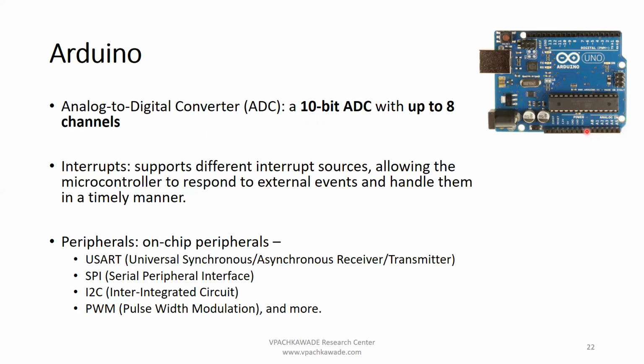We have A0, A1 up to A5, 6 pins that can be used to receive an analog signal, let's say a sine wave or continuous signal coming from a sensor, which will be given to the board through these pins, and then inside, the ADC can be set to perform analog to digital operation. So this is how these pins can be used.